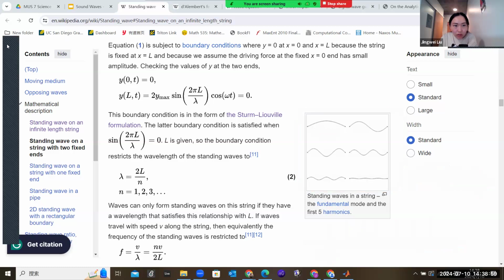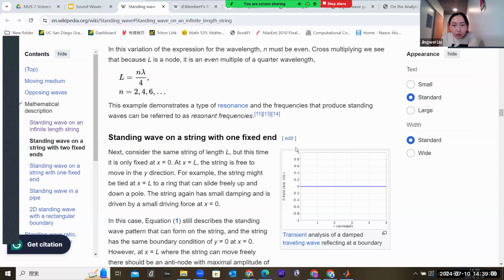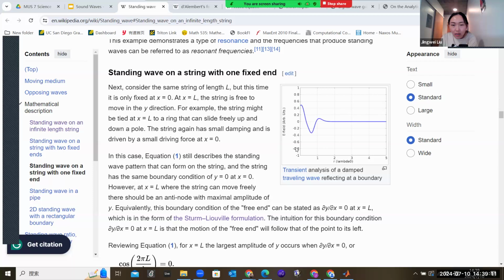So now you may wonder, what if I don't have a fixed node? Sometimes we also have the open node. Actually, for an open node, it still forms a standing wave. This will follow a different mode of moving, but it's still a standing wave. So here is the animation.